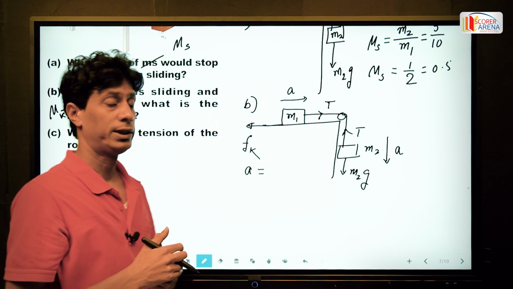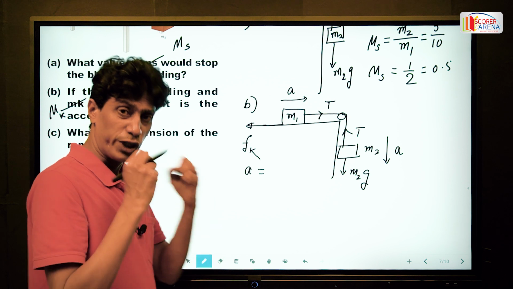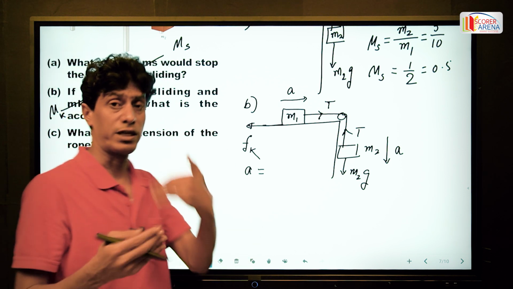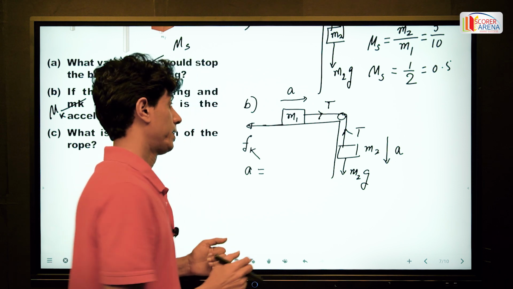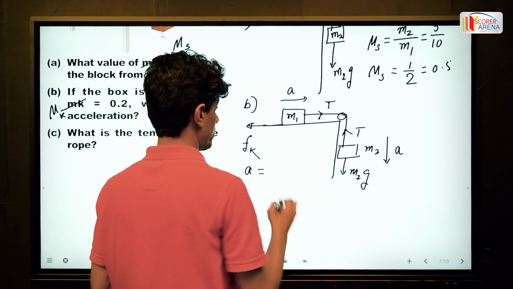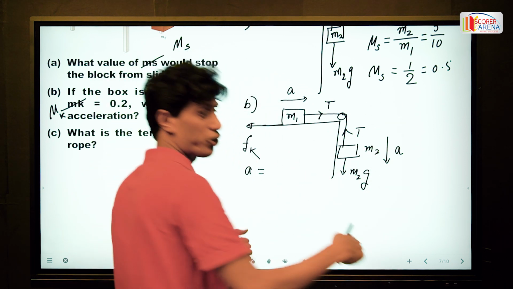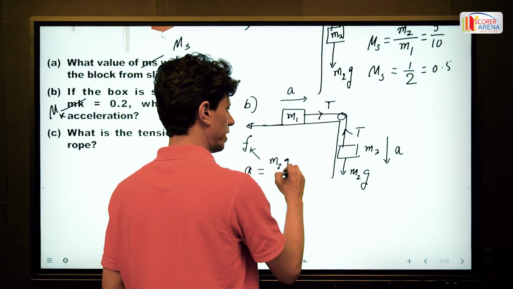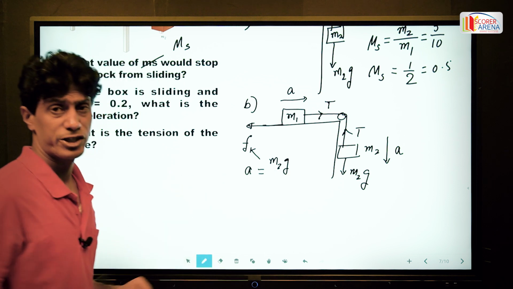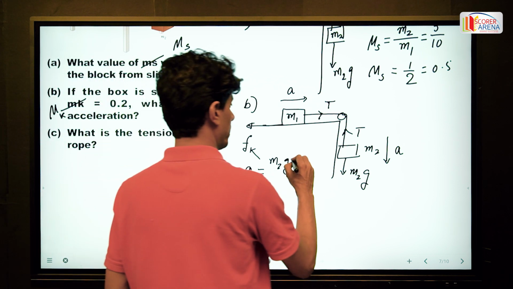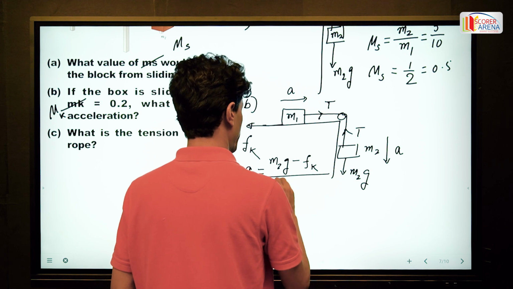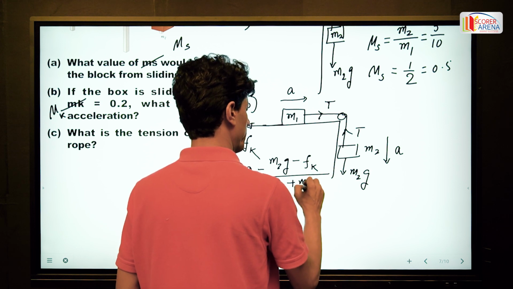We know acceleration is equal to net external force by total mass, so vector sum of forces by scalar sum of masses. Along the direction of acceleration it is M2G, and against the direction of acceleration, kinetic friction, by total mass M1 plus M2.